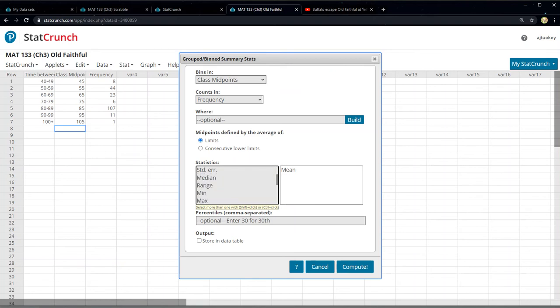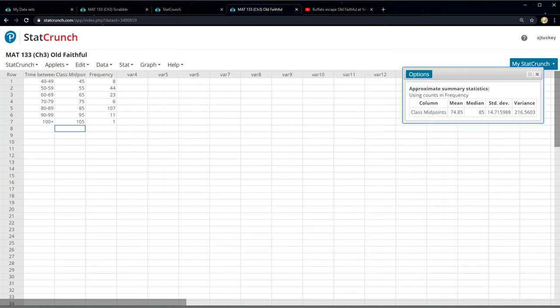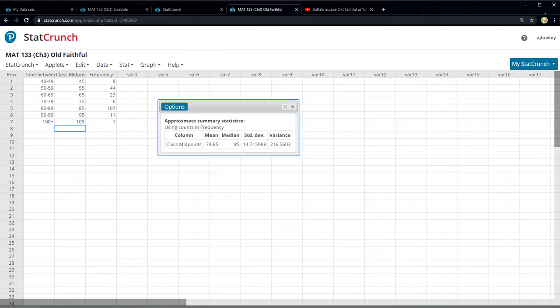So I'm going to hold down my control button. We also want the standard deviation and the variance because it asks us for those in a question a couple away. So we might as well have them. And click compute. And there they are. Okay, so the mean is 74.85 and the median is 85.